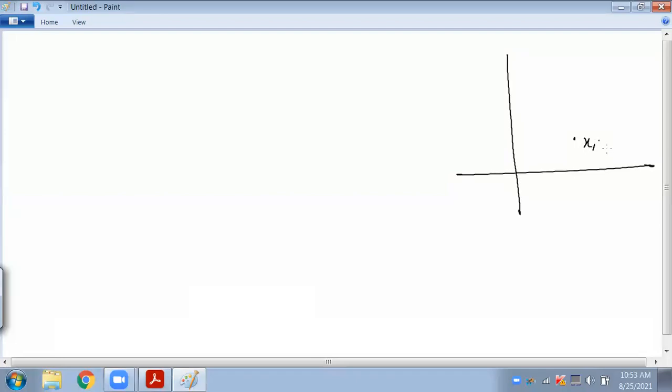We'll take that point as P. And it is equidistant from the other 2 points. We'll take them as A and B. The first one we'll take as A, 3, 6. And the second one is B, minus 3, 4.